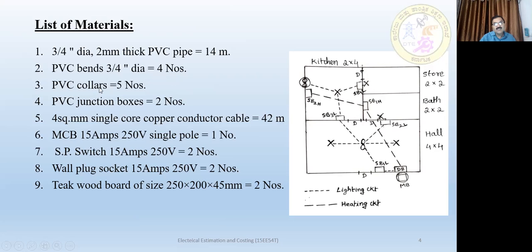Now PVC collars, 5 numbers. I have taken approximate values, so exactly you cannot get values here. By seeing the diagram, you cannot judge. So approximately 5 numbers may be required. Now PVC junction boxes. Here also you may need a junction box at this point.